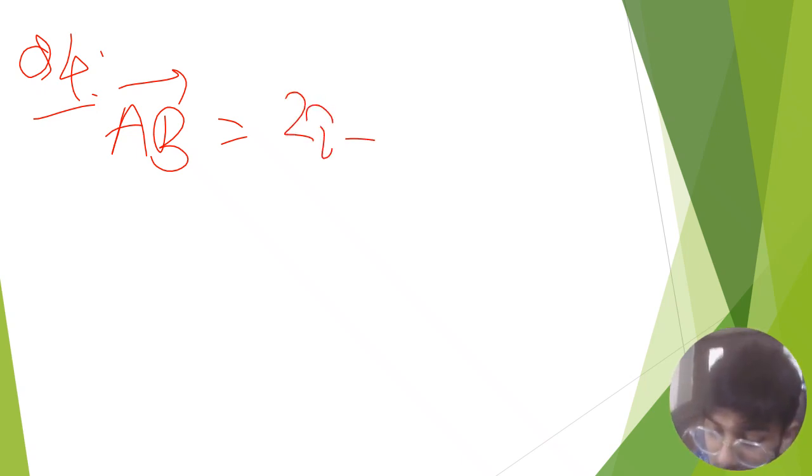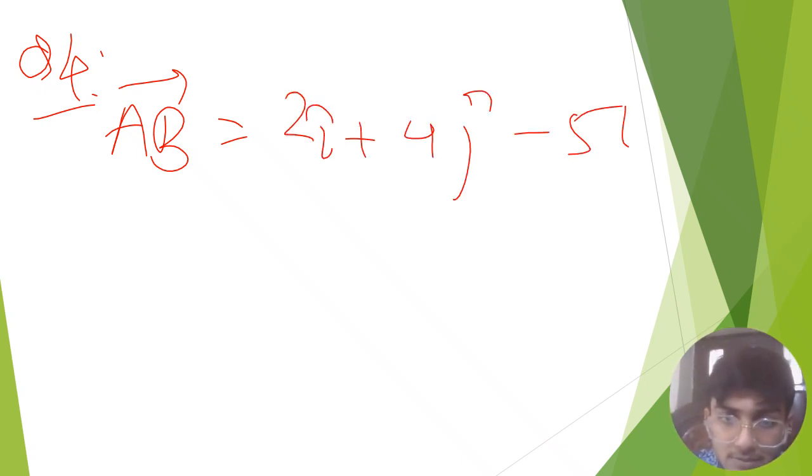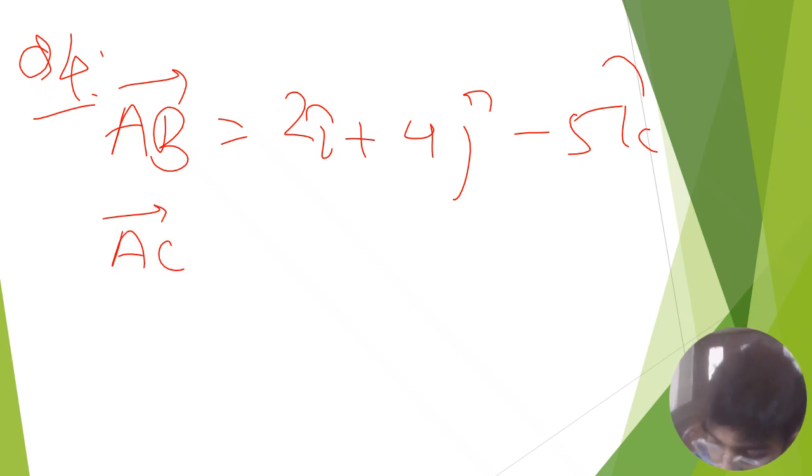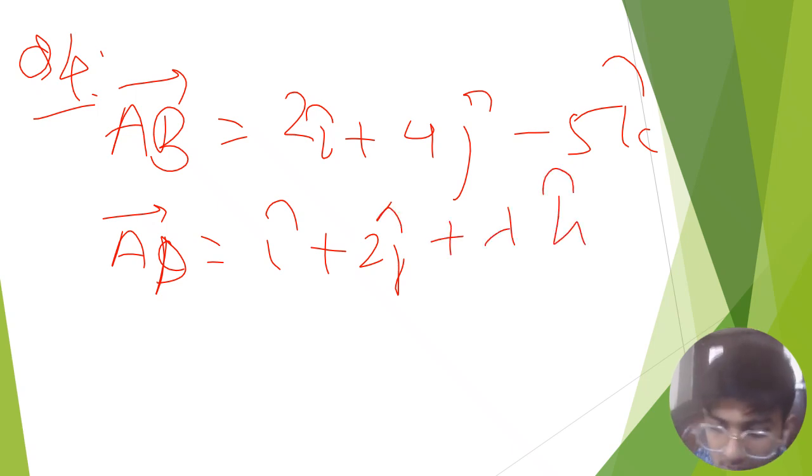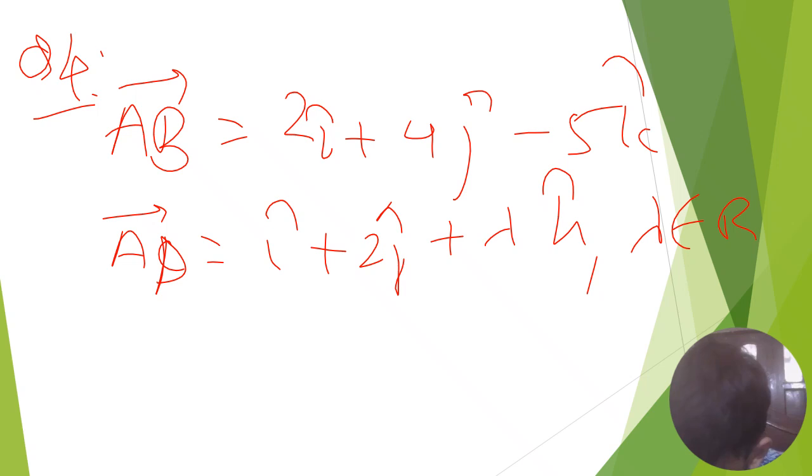So let AB vector be given to you, that is 2i cap plus 4j cap minus 5k cap. Then AD vector is given, i cap plus 2j cap plus lambda k cap, where lambda is any real value.